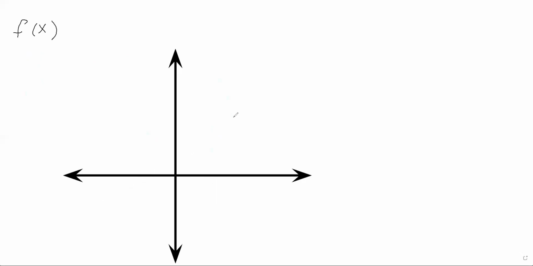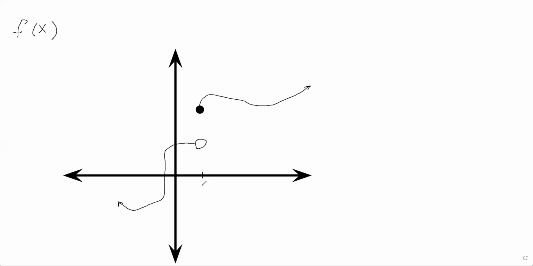Let's say we have maybe a piecewise function. And this is just some generic function, nothing in particular. So we want to see if the limit of this function exists.